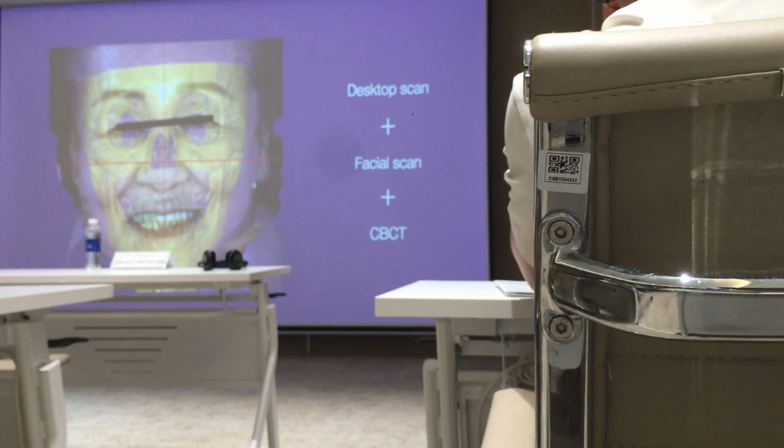So the CBCT, we use it for the diagnosis of the bone, but also in the treatment, we can utilize our CBCT so that we can get more information. The reason why I'm incorporating CBCT into the desktop scan is I want to eliminate the use of the facial scan.